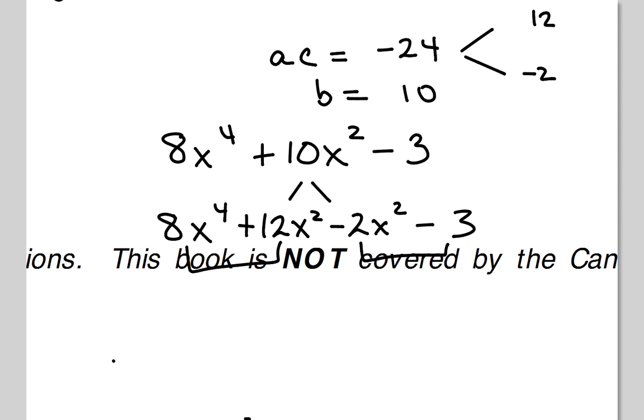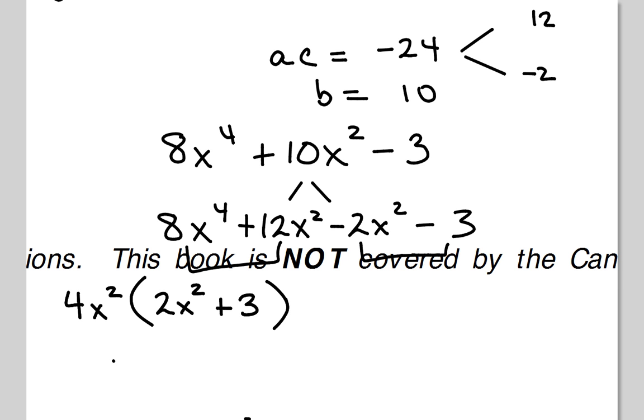The GCF out of the first pair: the biggest number for 8 and 12 is, and the biggest power for 4 and 2 would be, good. Take that GCF out, you get 2x squared plus 3. And I'm pretty happy at this point because I can see the 2x squared plus 3 already in the other set of terms.